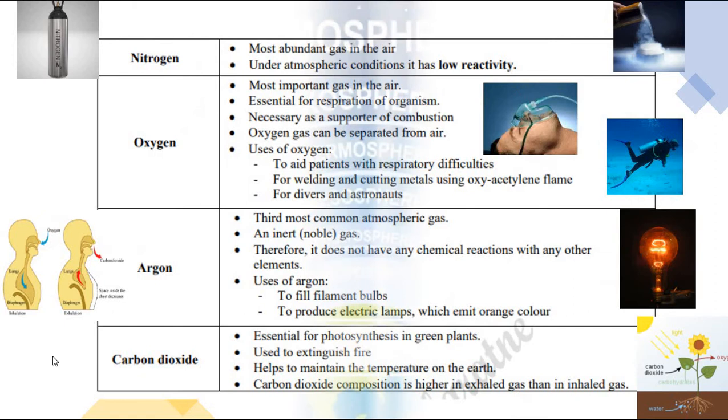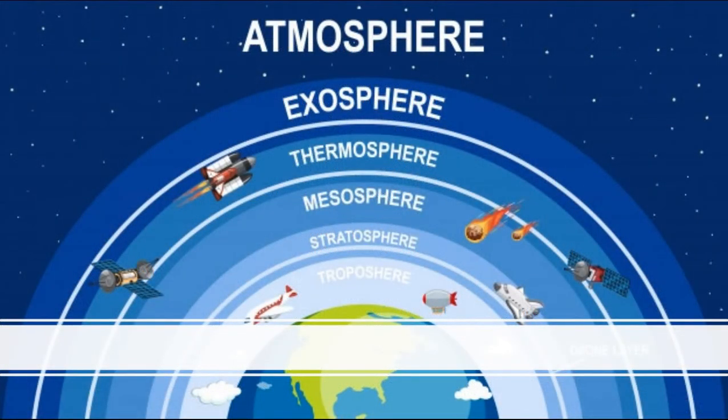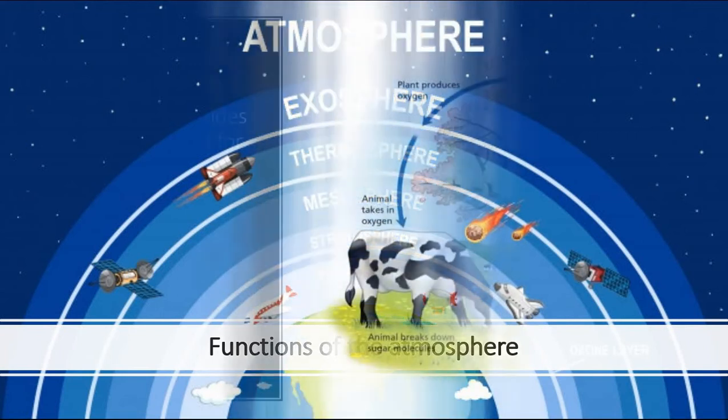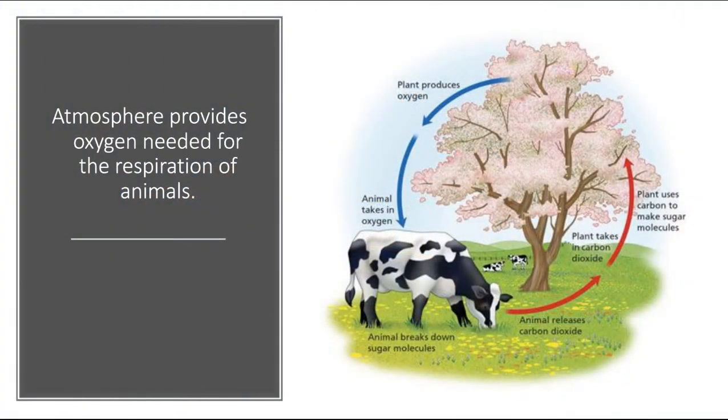Okay. Now, keeping this in mind, we are going to talk about the functions of the atmosphere. Taking each one into consideration, our first point under this main topic, which is very important, although it is a subtopic basically, is that the atmosphere provides oxygen needed for respiration of animals.